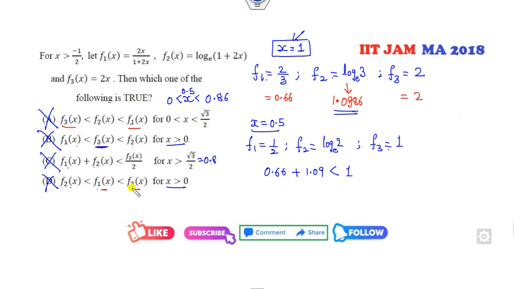So again, which one is the right answer? f2 is less than f1 is wrong. f1 is less than f3, fine, but f3 is less than f3, no. So none of these is the right answer of the problem. Chalo, because none of these satisfied, so none of these is the right answer.